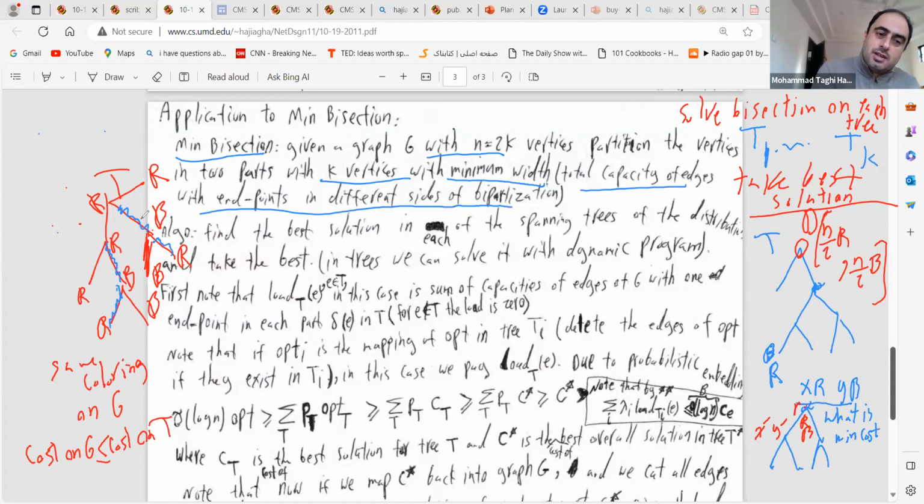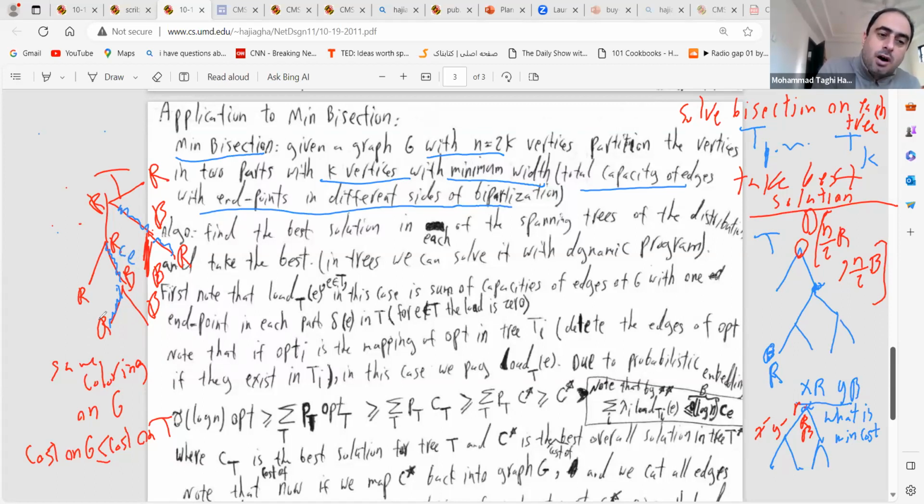So these blue edges are essentially the edges that you will cut, because these are the edges between blue and red. Each of these edges corresponds to a cut in the original graph, and the capacity of these is exactly the sum of the edges there. So if you cut the cut corresponding to these blue edges in the original graph, its cost would be at most the c_e of this edge.